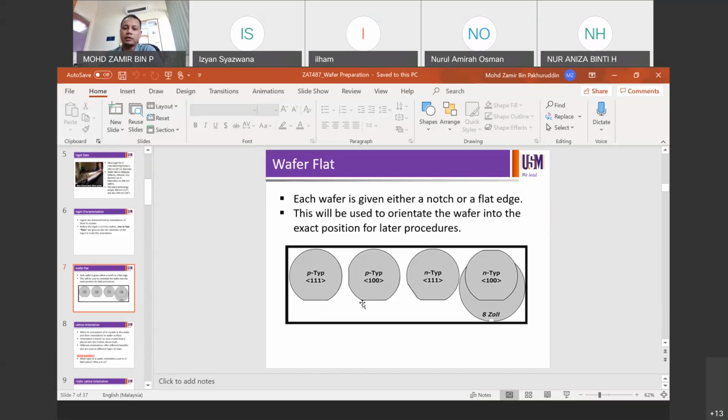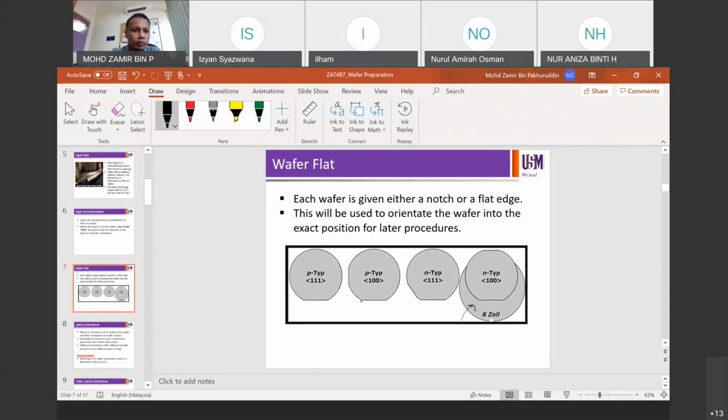And if you talk about N-type 100, it's given two flats on the top and at the bottom. But normally, if you talk about wafer fab, we normally work on 100, like the one at the back there. Here. Yeah, see it. Color, yeah. Okay. Normally for fab we work like this.